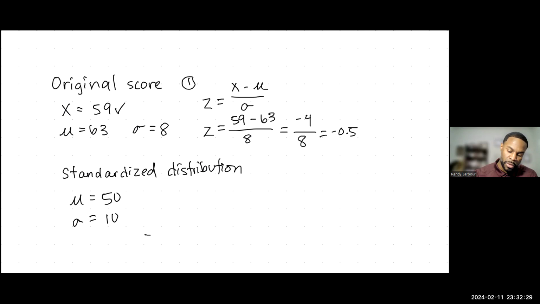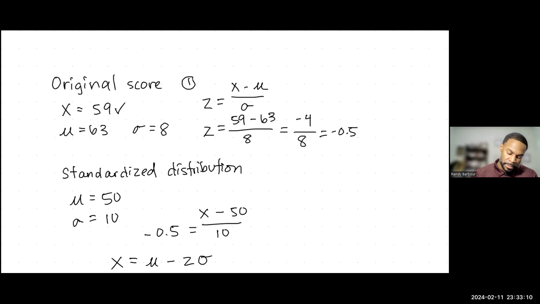I don't know my x value in the new distribution, but I do know the mean and standard deviation, and I'm looking for the value that corresponds in the new standardized distribution. I'll use this formula because that's how you find your x value. So x equals my mean, 50, plus negative 0.5 times 10.